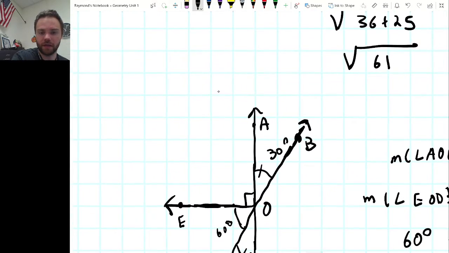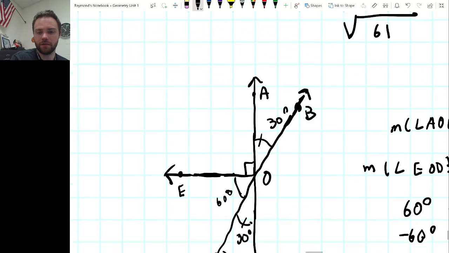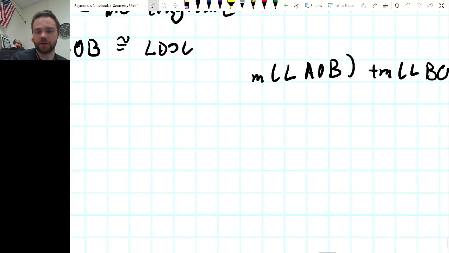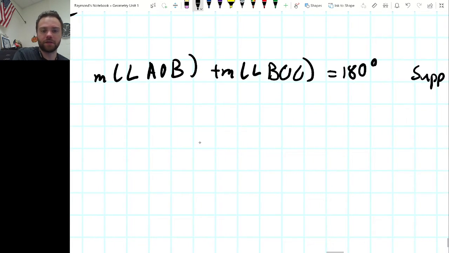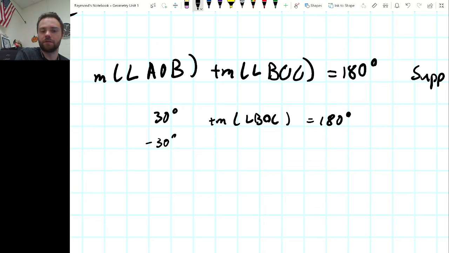So let me just zoom in there. AOB is 30 degrees. So I can plug that in down in this equation. So I've got 30 degrees plus the measure of angle BOC equals 180 degrees. Subtract 30 from both sides of the equation.